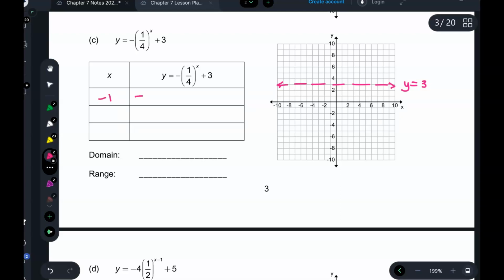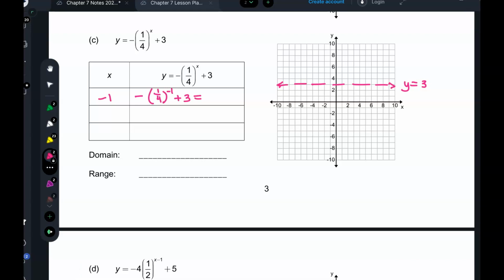Now don't forget there's a negative in front. So just be careful when you simplify this because that negative stays out in front. So 1/4 to the -1 will make it 4, but then that'll be a -4 plus 3, -1.